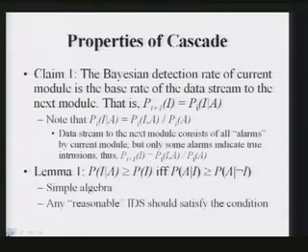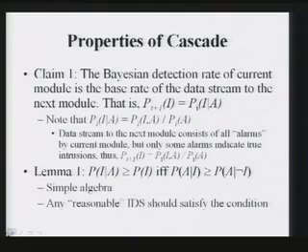So that's claim one. And then this is also obvious. So what we're saying here is that your Bayesian detection rate should be greater than the base rate if and only if your detection rate is greater than the false positive rate. And you can argue that any reasonable IDS would have this property.